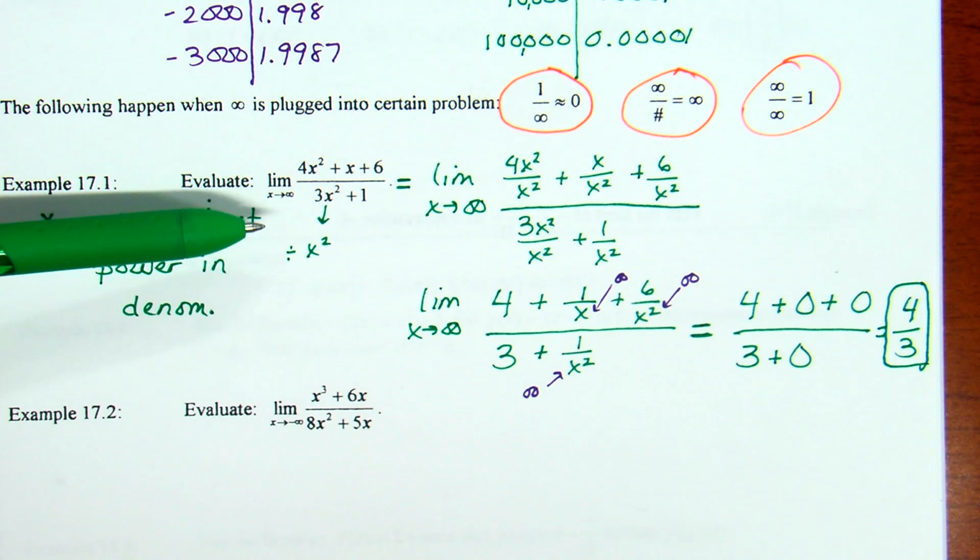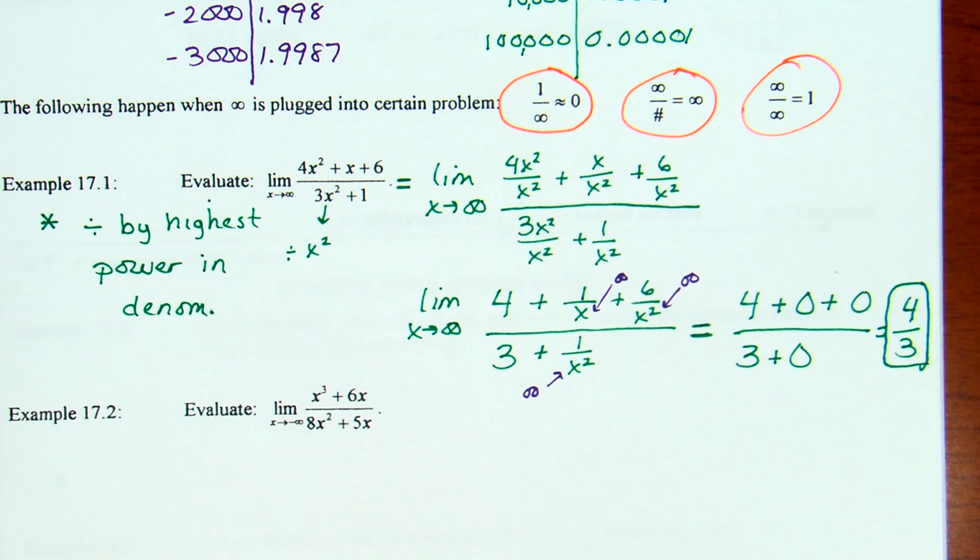As x approaches infinity, what is my graph doing as it goes out to infinity? As x is going out to infinity, what y value is this approaching? Well, it's approaching whatever this horizontal asymptote is. Okay, and in this case, the horizontal asymptote was 4/3.